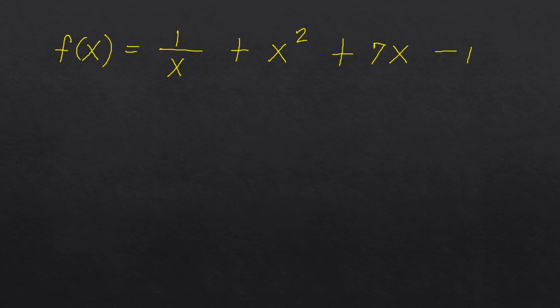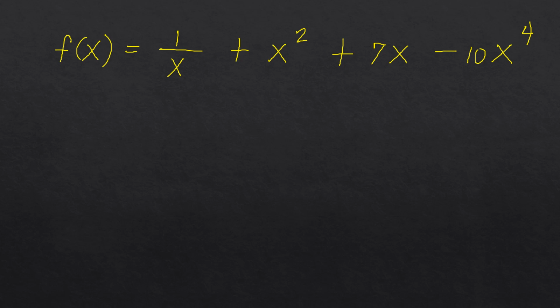So when we are combining all of these rules, we just have to make sure that we are applying the correct method. Let's say, for example, you're going to get the derivative of f of x that is equal to 1 over x plus x raised to 2 plus 7x minus 10x raised to 4.